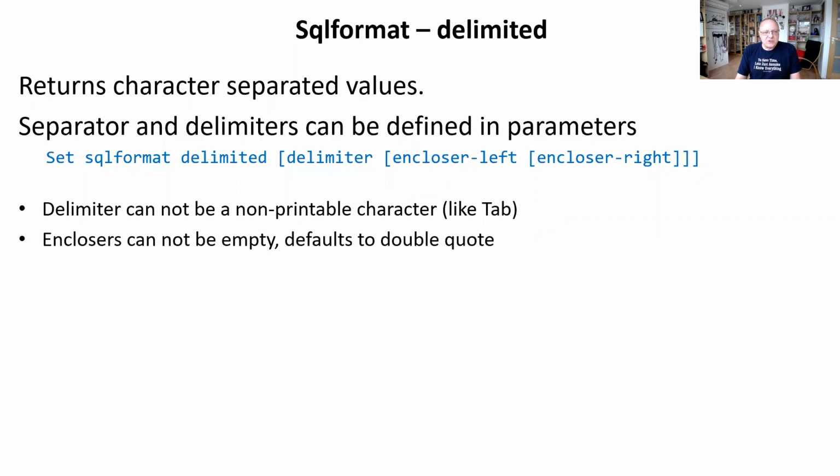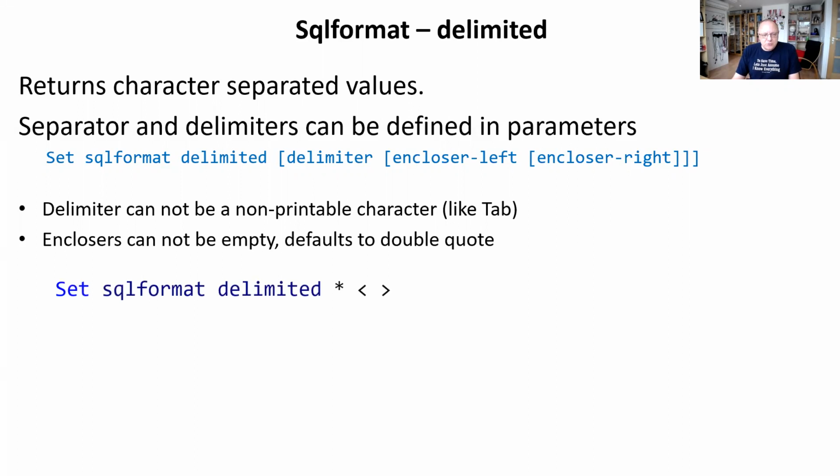Delimited, as an example, returns character separated values, and you can give it a delimiter character, and an enclosure left and an enclosure right character. The delimiter cannot be a non-printable character, obviously. It can't be a tab, for example. And enclosures cannot be empty, so you must use enclosures.